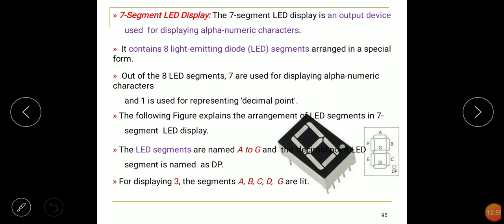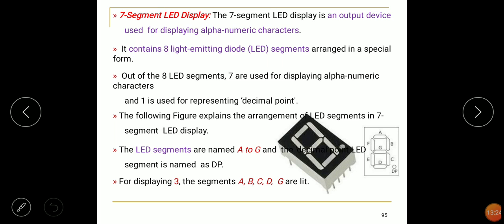The LED segments are named A, B, C, D, as shown inside the figure. You can observe A, B, C, D, E, F, G. G is the center segment. Another segment is the decimal point LED, called DP.